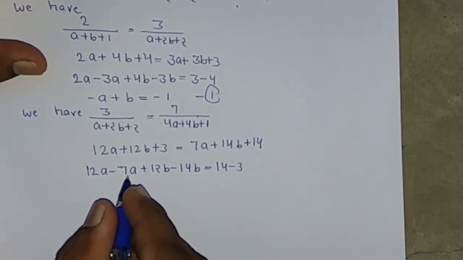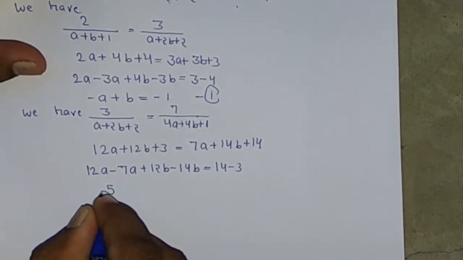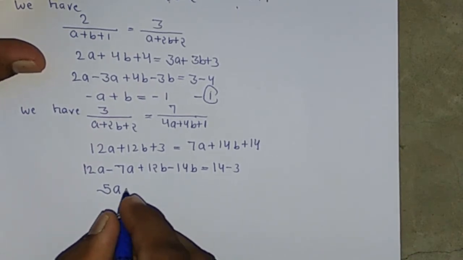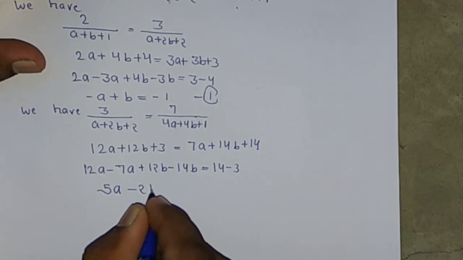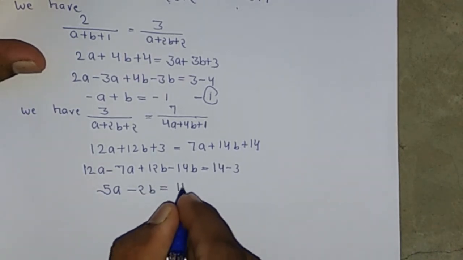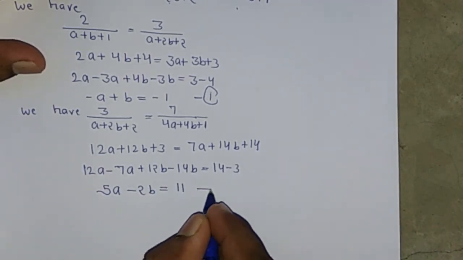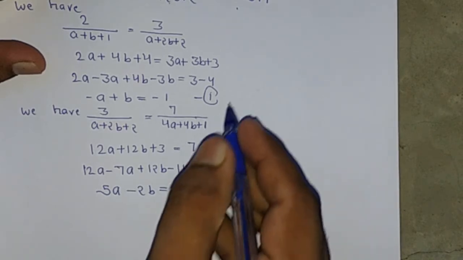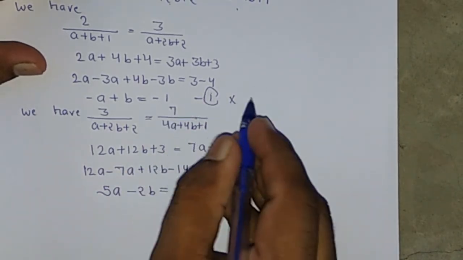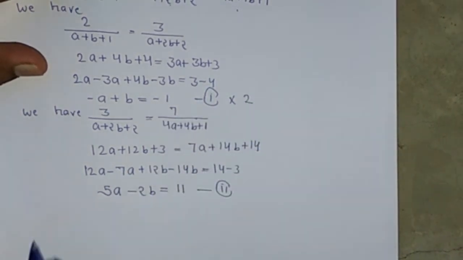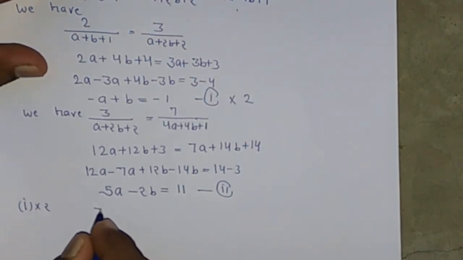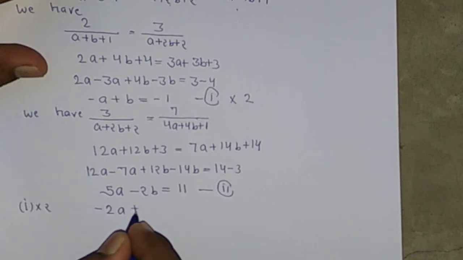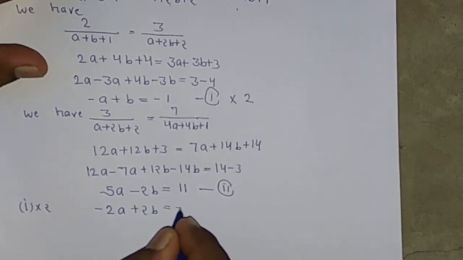Then 12a minus 7a we have 5a, 12b minus 14b we have minus 2b equal 11, and it is the second equation. Now the first equation is multiplied by 2, then minus 2a plus 2b equal minus 2.